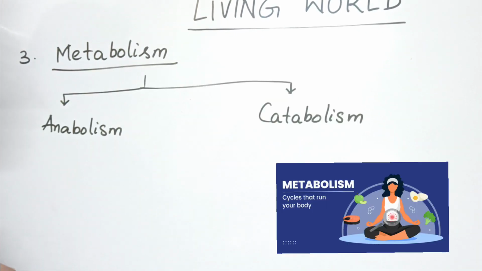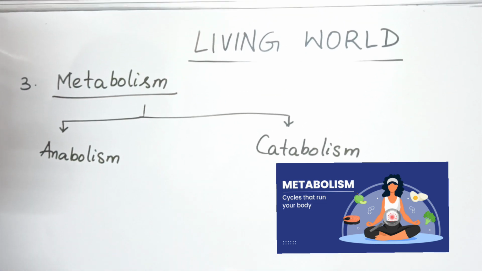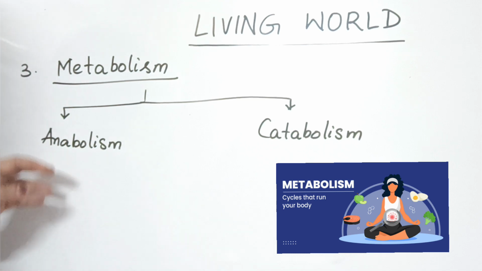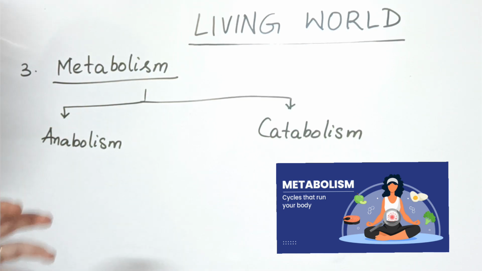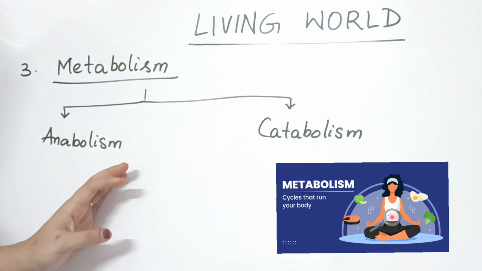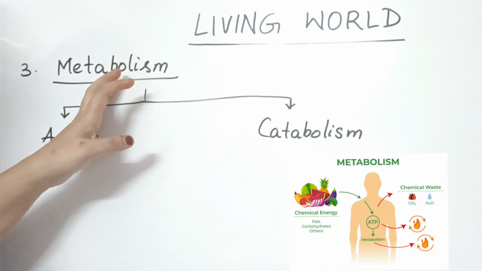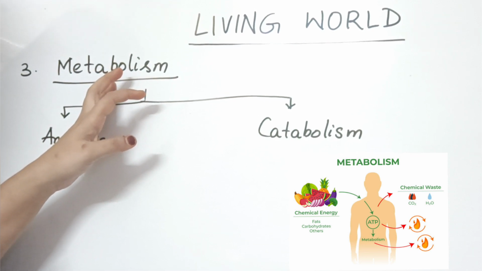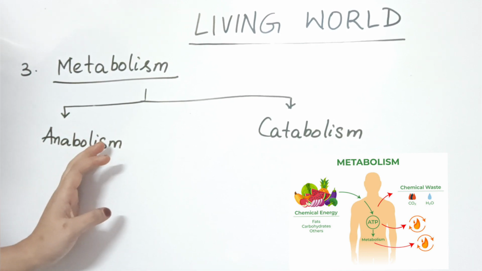The next feature of living organisms is metabolism, which is carried out in all living organisms. When we are talking about metabolism, all the reactions that are taking place in the cell, we call that metabolism. Our body has interactions of metabolic reactions. All the living organisms are made up of chemicals, right?